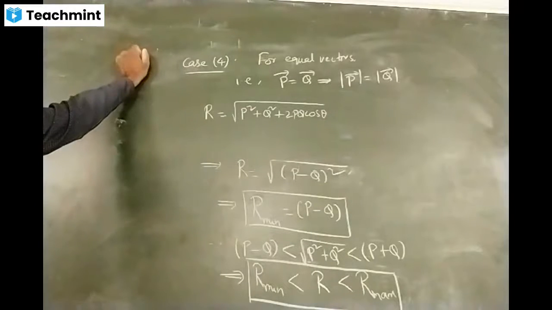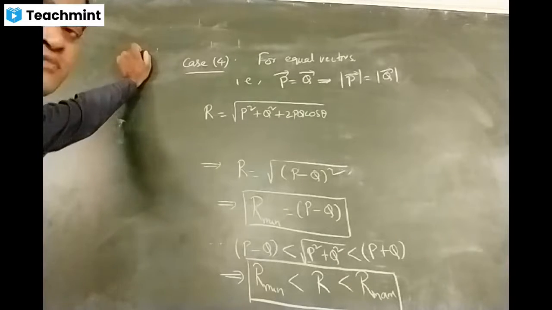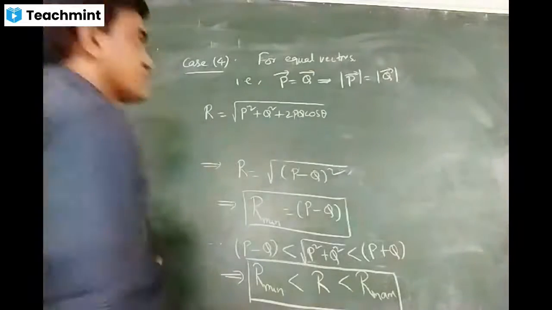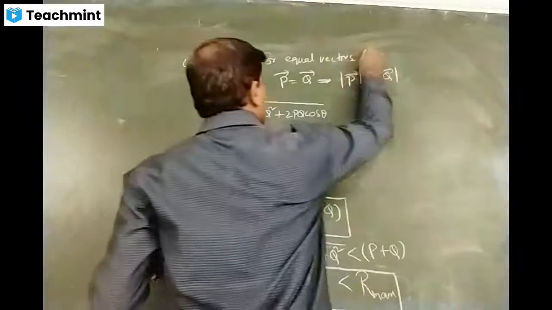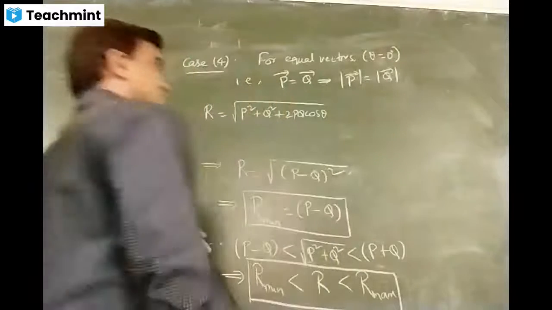When both are equal vectors, what should be the angle between them? For equal vectors, magnitude should be same, direction should be same, and they should be of the same physical quantity. What is the angle between the two vectors? 0 degrees. Theta is equal to 0 degrees.